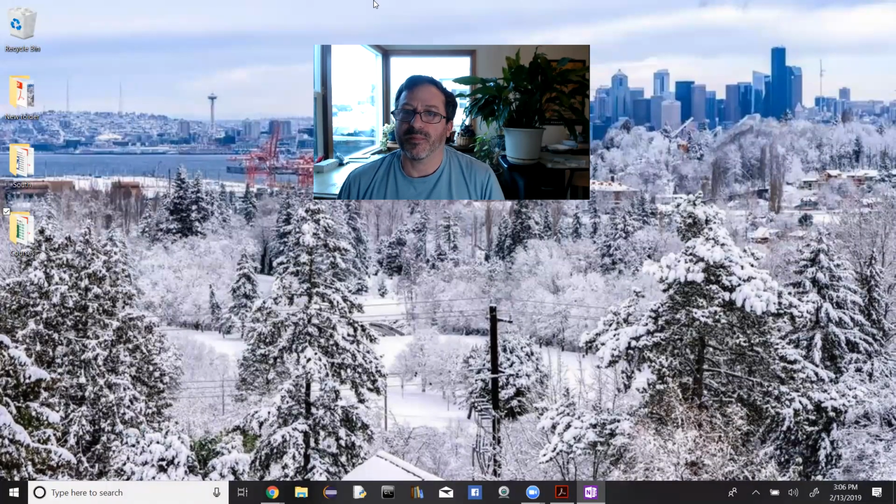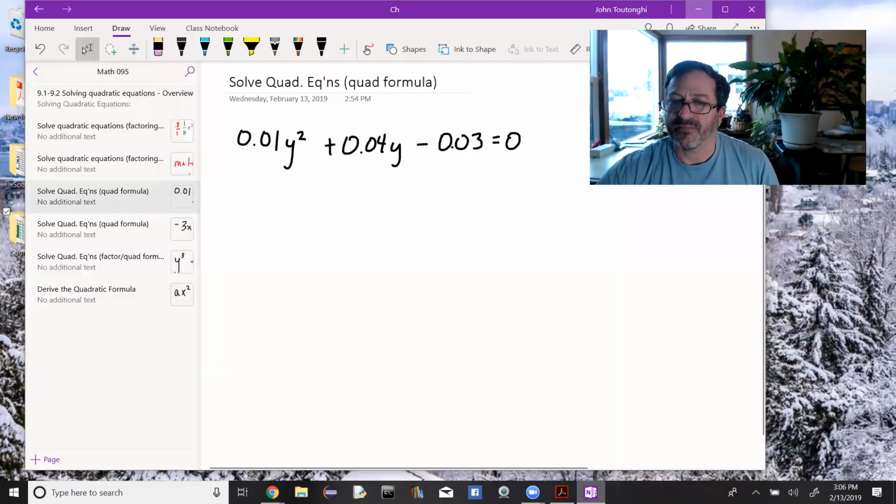Okay, so we're going to look at a couple more examples from solving by using the quadratic formula. Let's move myself here and open this up. So here's one that's decimals. Again, we can see it's a non-perfect square because there's a y squared term and a single y term.